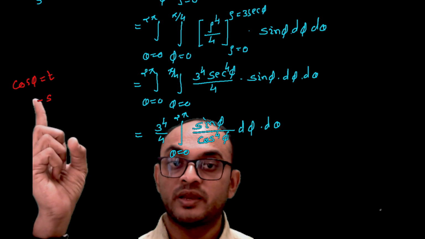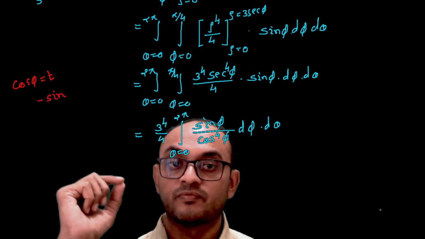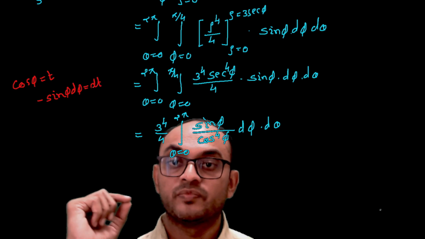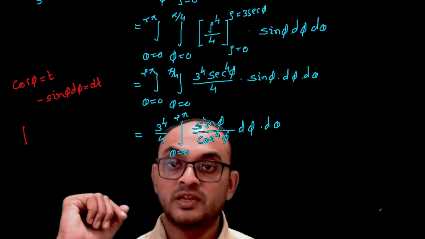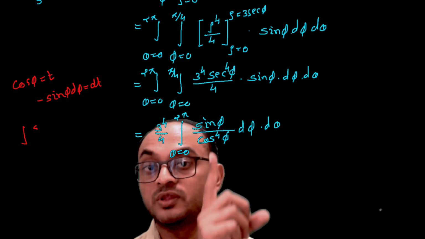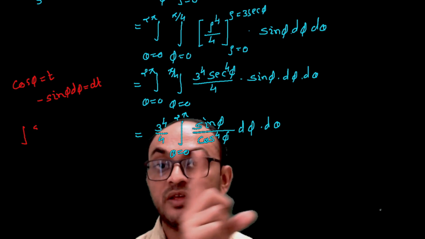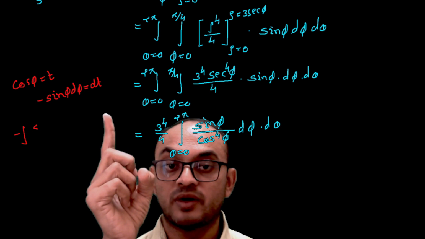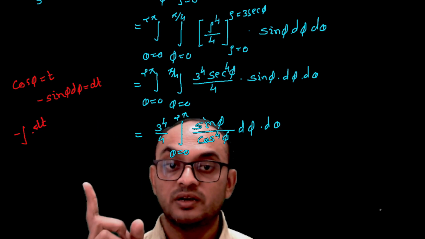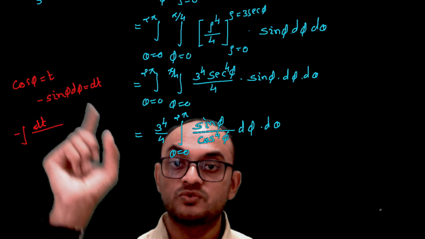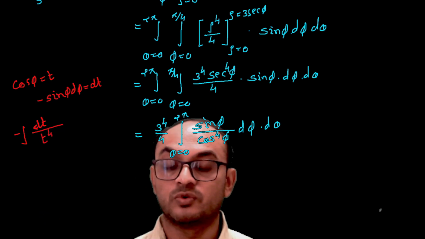It is minus sin phi d phi is equal to dt, and therefore the integration of sin phi d phi. So sin phi d phi is what? Minus dt. So that is minus dt divided by cos raised to 4. So what is cos raised to 4? It is t raised to 4.